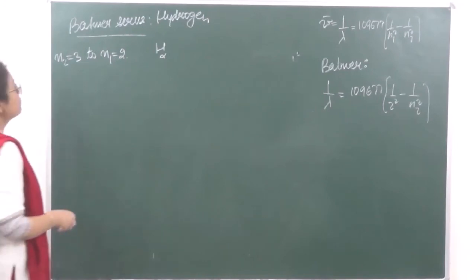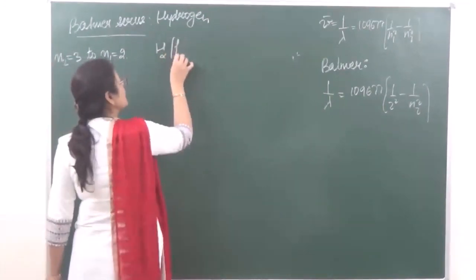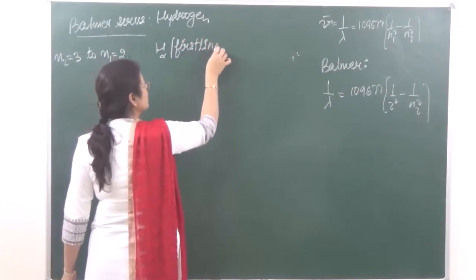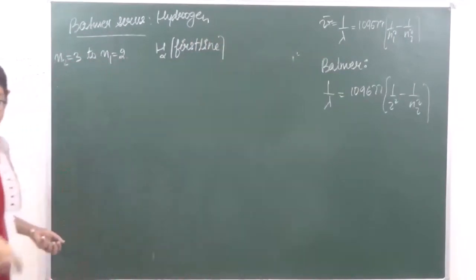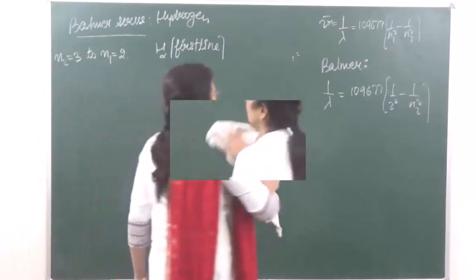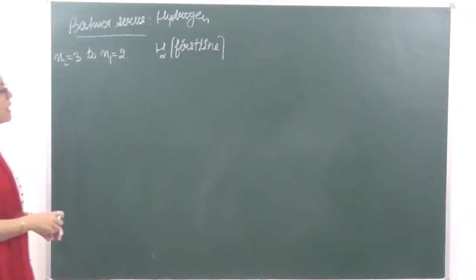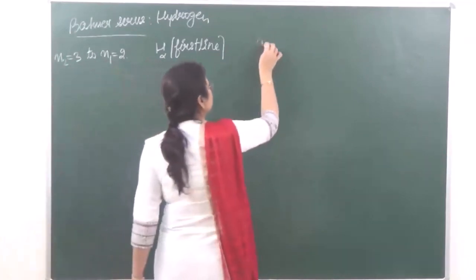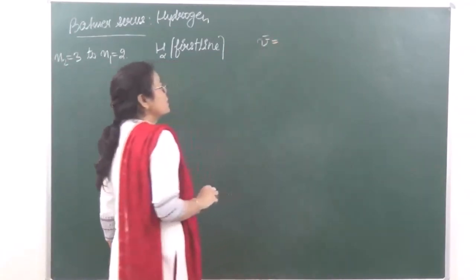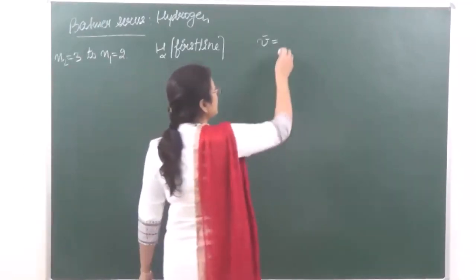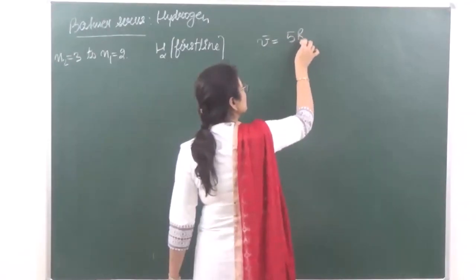Okay, and this is the first line. Right? This is the first line. For this, the wave number, this is the direct calculation which has been done. The wave number comes to 5R upon 36.